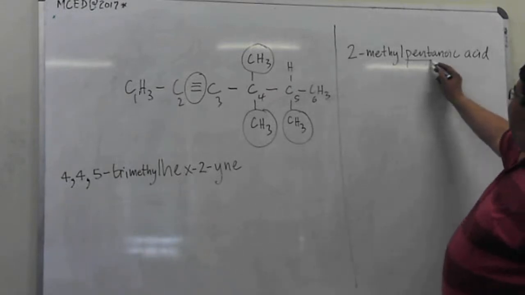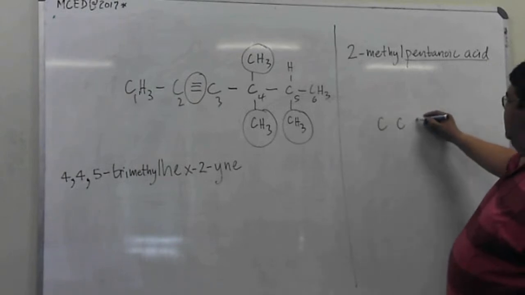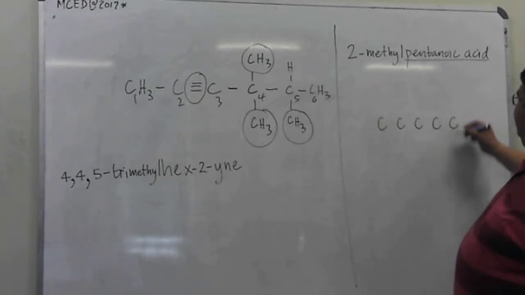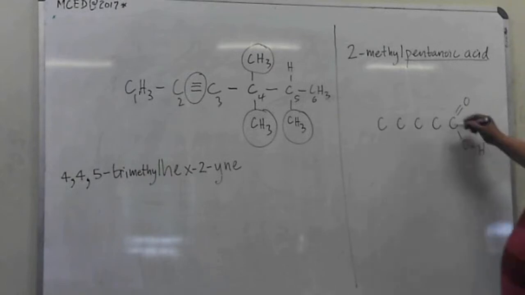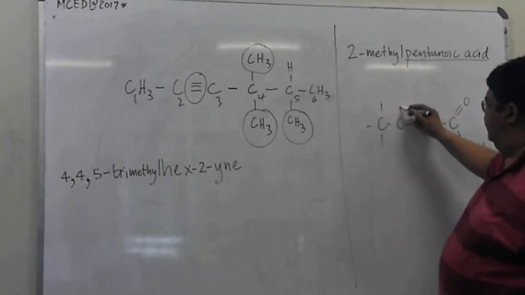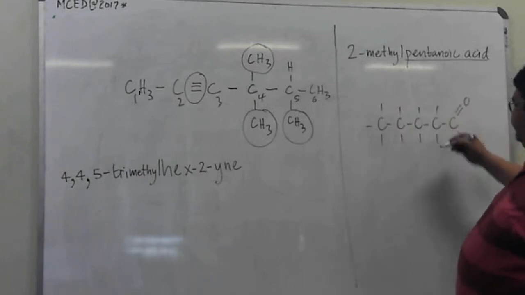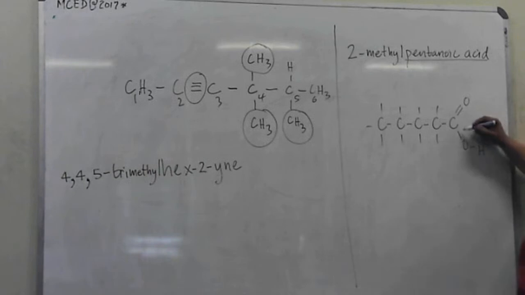So, my parent group is pentanoic acid. That is quite easy. 1, 2, 3, 4, 5. And we normally draw the acid part on the right hand side. Right. Most importantly, the functional group is on the right hand side. That is carbon number 1. Okay?